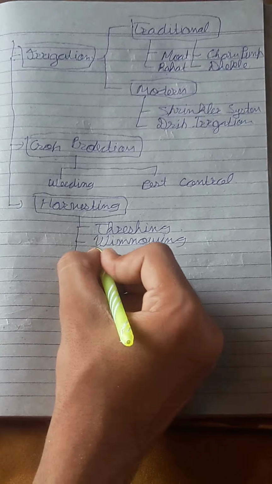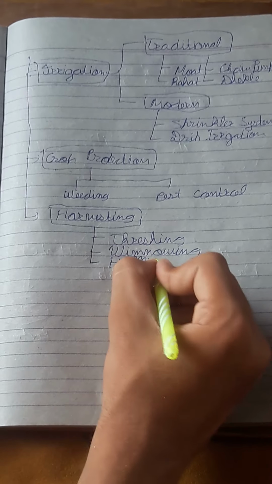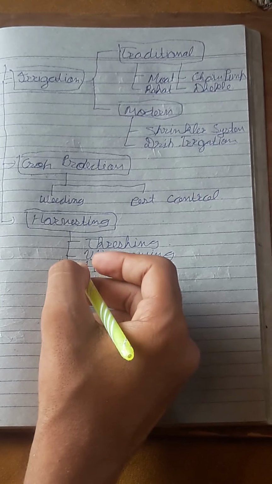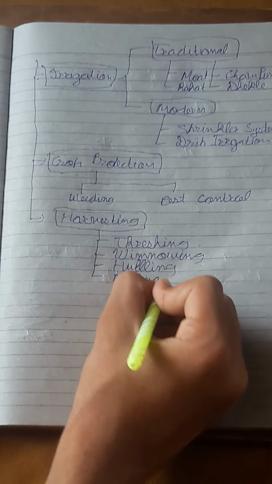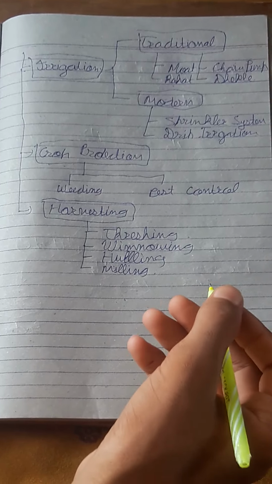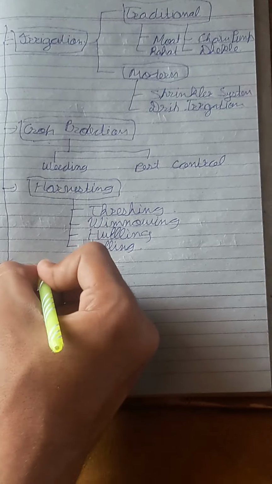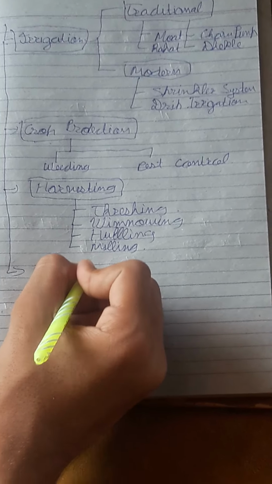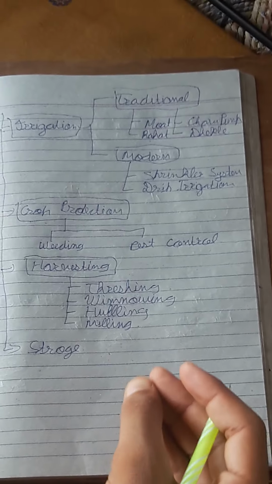We learn about hulling, that is the removal of the covering of the fruits, vegetables, or grains. And then milling, the process of converting seeds into flour. And lastly we learned about storage, that is the storing of grains for consumption till the next harvest.